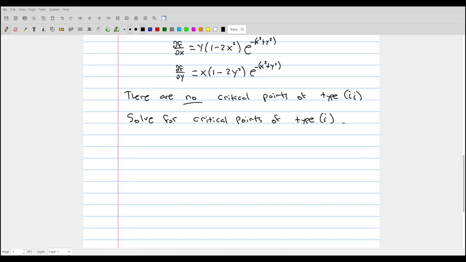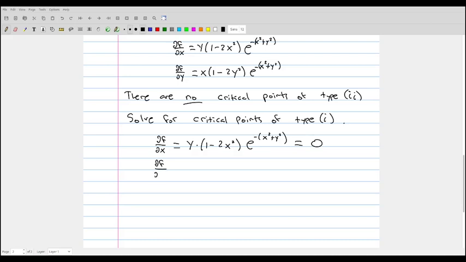In general, this can be done by taking the partial derivatives, setting them equal to 0, and then solving the resulting system of equations that you get. So in this case, we have to set the x partial derivative, which is y times 1 minus 2x squared times e to the negative x squared plus y squared, equal to 0 at a critical point of type 1.